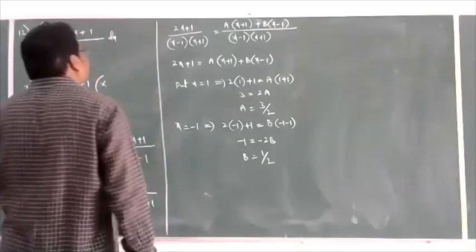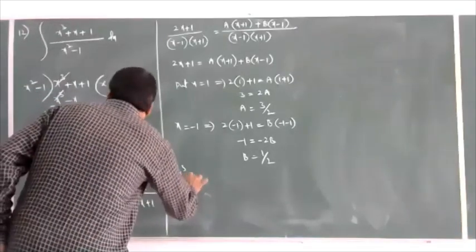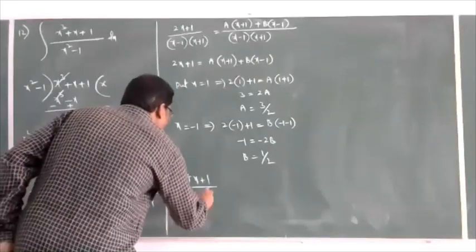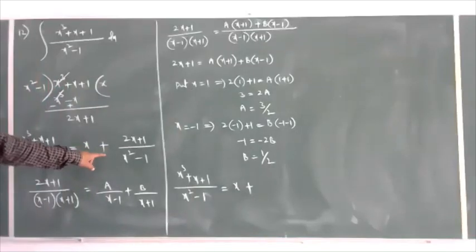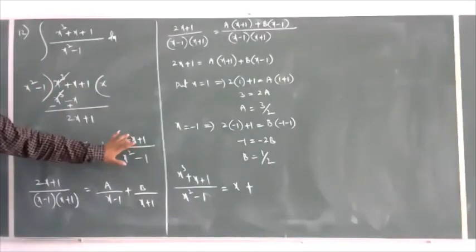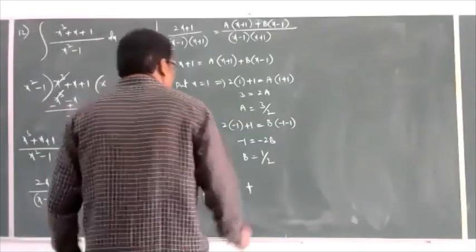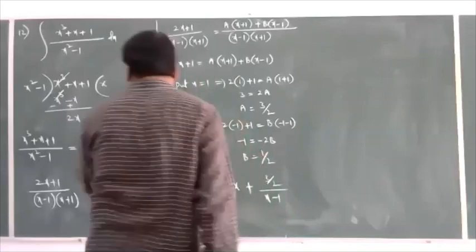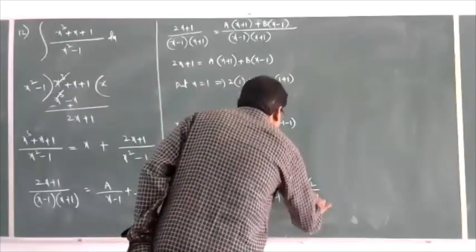So, (x cube plus x plus 1) by (x square minus 1) is equal to x plus, what is the partial fraction of this? A by (x minus 1), a is what? 3 by 2. 3 by 2 by (x minus 1) plus b is 1 by 2, 1 by 2 by (x plus 1).